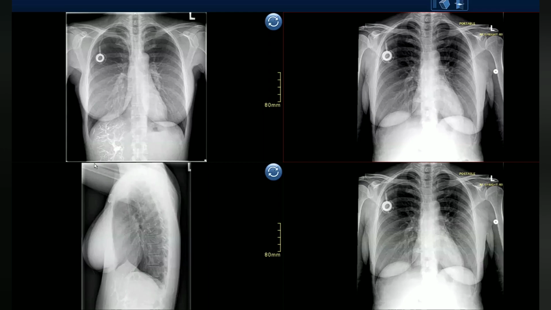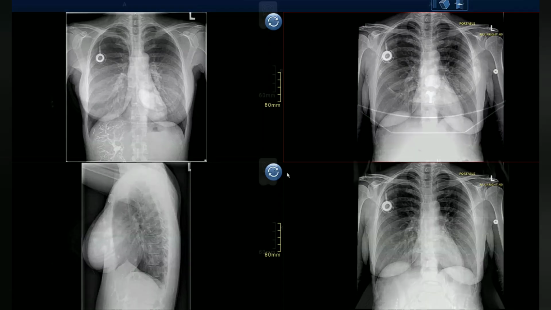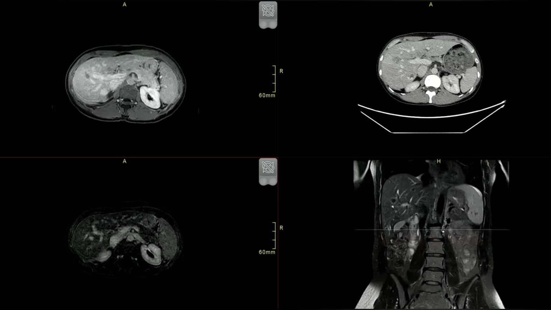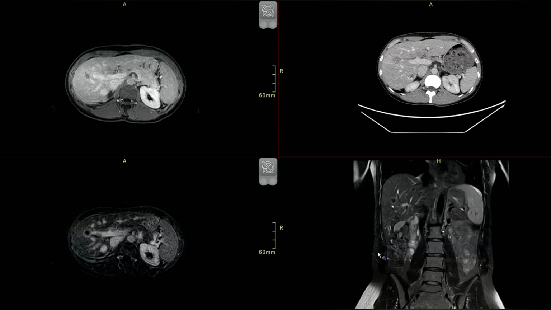But then what is this? Okay. On the visualized images, this is CT chest, CT abdomen, axial projection. This is CT, MR, and MR. Okay, sorry.